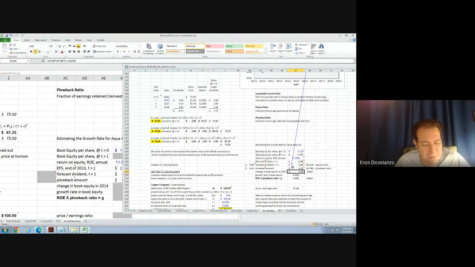And how do we do a check here? The check would simply be the book equity times the return times the payout. Or I'm sorry, 1 minus the payout, right? 1 minus the payout.